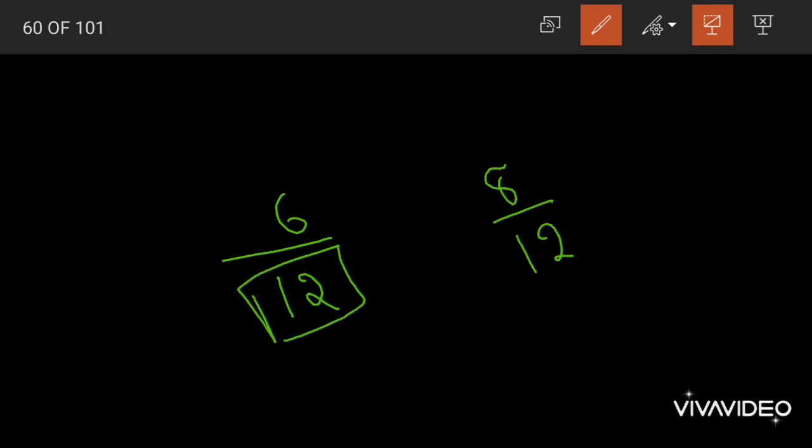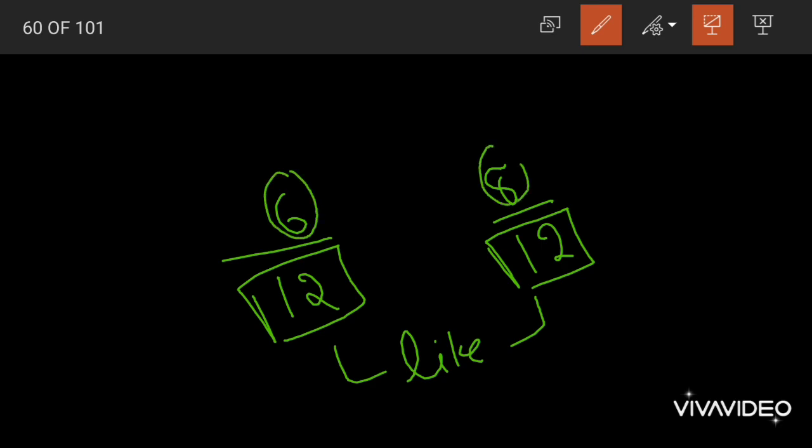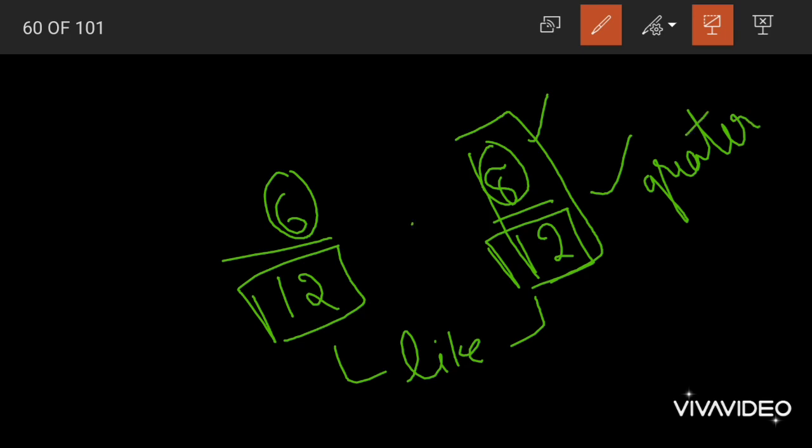Here both the denominators are same, that means they are like fractions. So in this case, the fraction having the greater number in the numerator is greater. Here we have 6 and 8 in the numerator. Now which is the greater number, children? 8 is our greater number. So the fraction 8 by 12 is greater. 6 by 12 is less than 8 by 12.